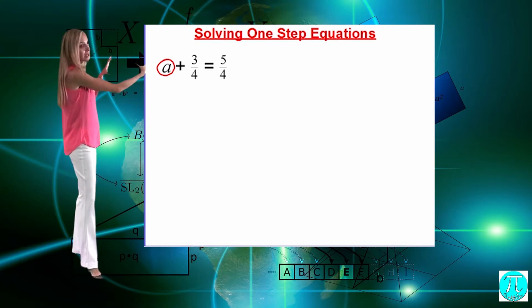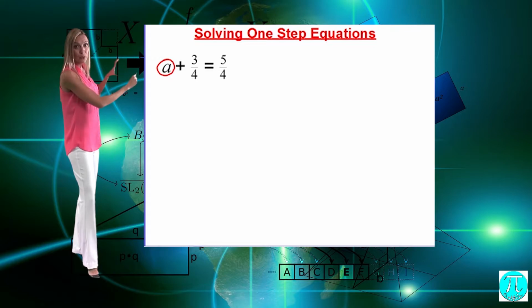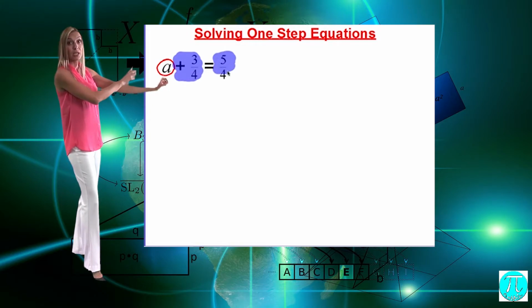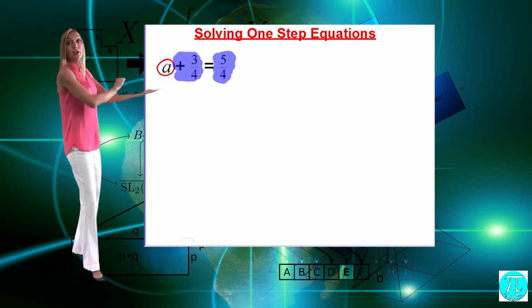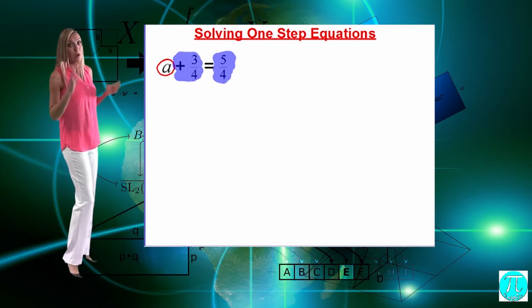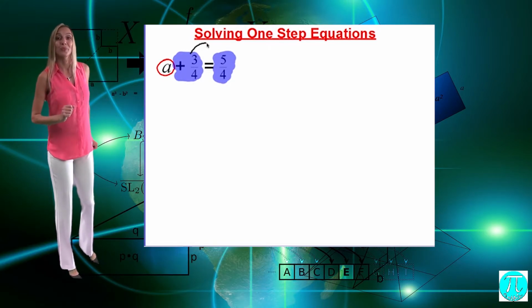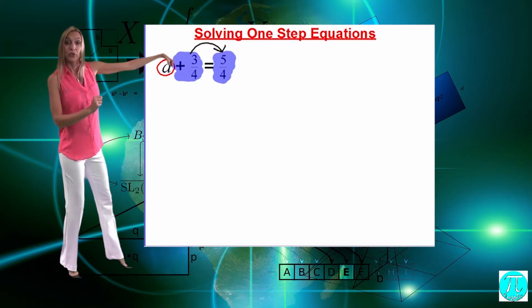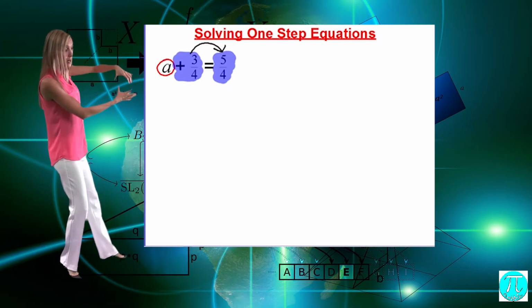On that same side, there is positive 3/4. And the positive 3/4 wants to be with the positive 5/4, right? They're like terms, so they want to be together. And the a says, I want to be here all by myself. So I'm going to take the 3/4 and move it. Now, the 3/4 wants to be a 0 on the left side, right?